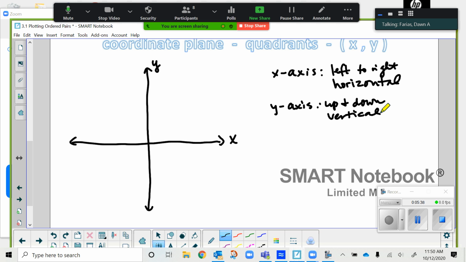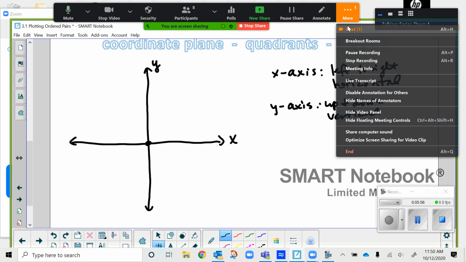Then this point right here where they intersect, does anybody remember the name for that point? Like the vocabulary word? It is 0, but that's a number, like the actual word or term that we call that. Origin. Origin, yep, perfect.